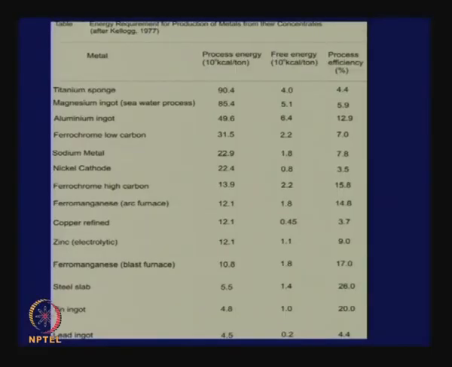Okay. I think I will try to wind up the discussions on pyrometallurgy, hydrometallurgy and electrometallurgy now. Last couple of lectures we have discussed principles of production of metals using pyrometallurgical operations, hydrometallurgical operations and electrometallurgical operations.